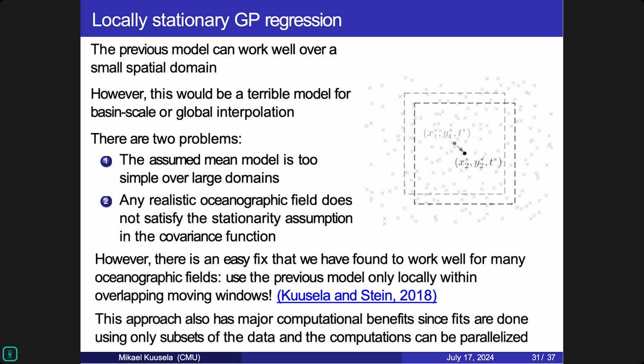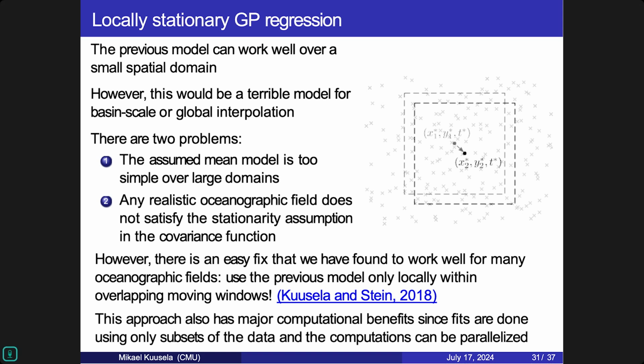So to get around this, there's actually a very easy fix. The difficult fix is to come up with more complicated versions of this model. The easy fix is to still acknowledge that this is probably a good model locally, over a small local window.